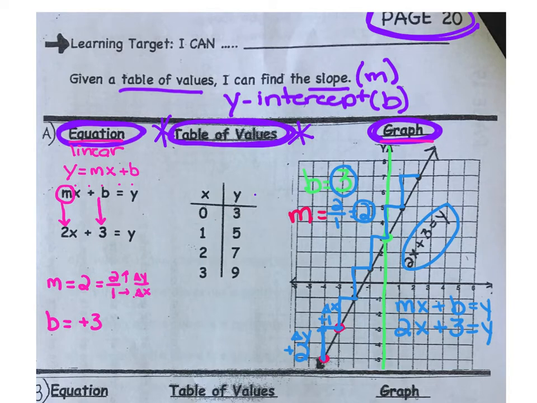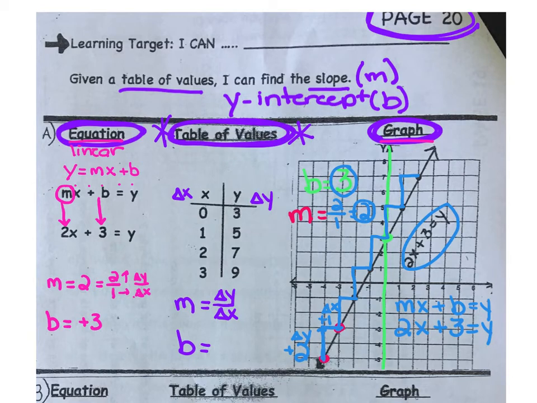We are going to look at our delta y and our delta x, change in y, change in x, when it comes to the table. We are going to calculate our slope by setting up that ratio, delta y over delta x. And for our b, or our y-intercept, of course, we're looking for the point that intersects with the y-axis.